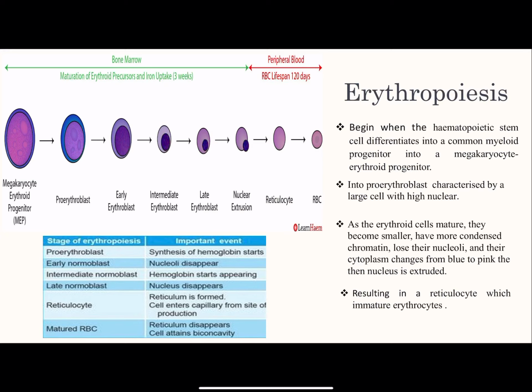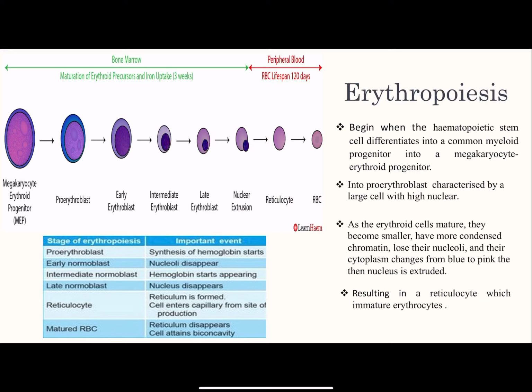It is different in size, shape, and so on. The reticulocyte will keep some of the ribosomes, and this means they are still able to perform protein synthesis, such as synthesizing some more hemoglobin.